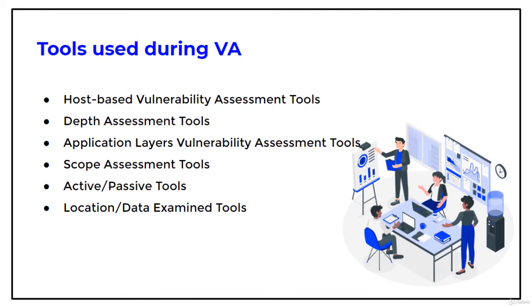Active scanners perform vulnerability checks on the network that consume resources on the network. Passive scanners do not affect system resources considerably. They only observe system data and perform data processing on a separate analysis machine. Location and data examine tools. These are network-based scanners, agent-based scanners, proxy scanners, and cluster scanners.